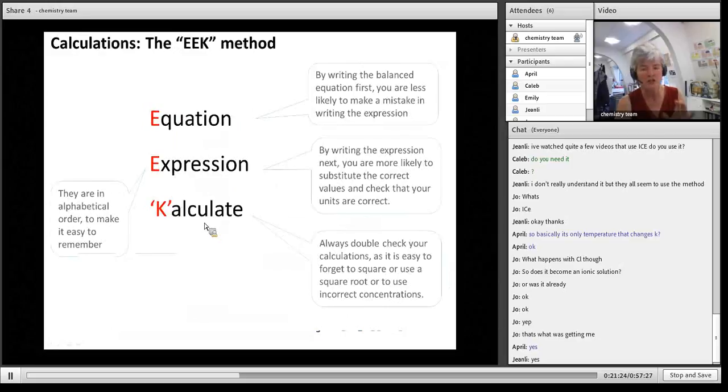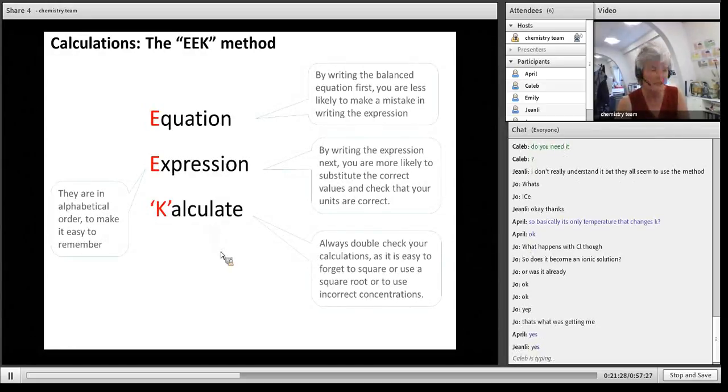And you're much less likely to make a silly error if you do that. And then always double check your calculations, because it's so easy to take the cube root before you've divided by 4, or do a square root instead of a cube root. It's so easy to do, and as you've seen in my slides, I often have made mistakes myself.